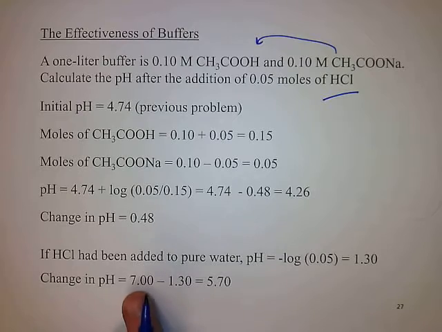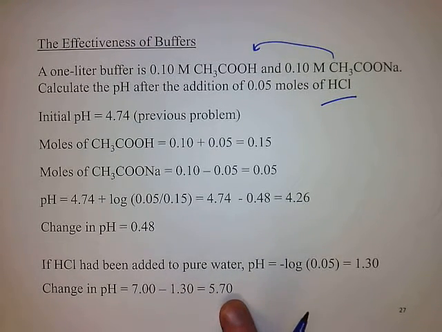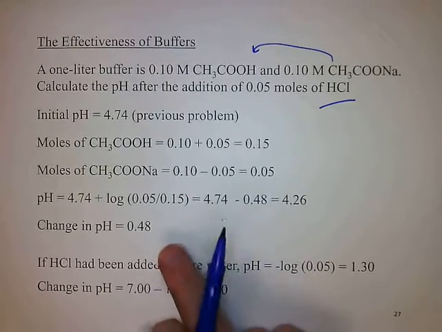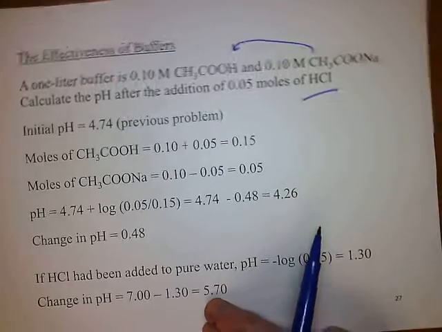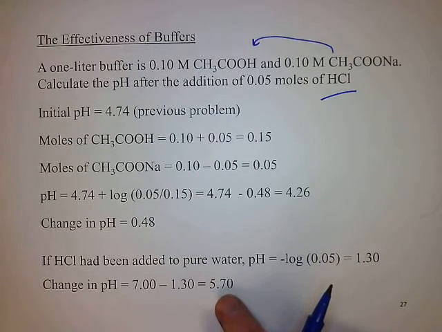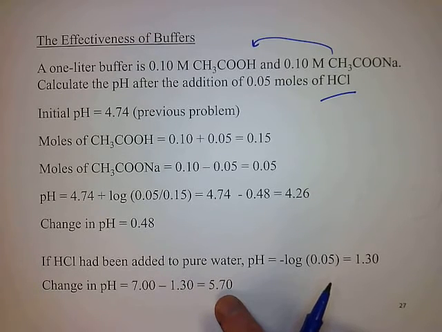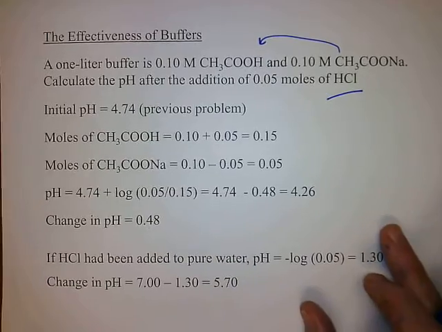Okay, so from 7 to 1.3, it's a change of 5.7 pH units. Okay, so there's a small change in pH here. Big change in pH here. And remember also that the pH scale is logarithmic. So every time you change one pH unit, it's a tenfold change in the concentration of hydronium or hydroxide.